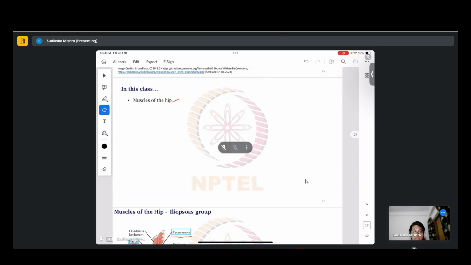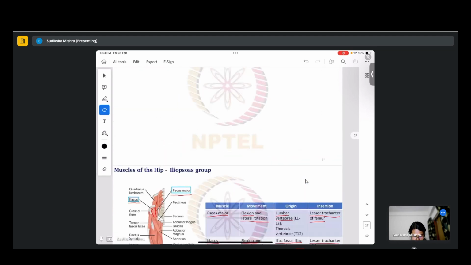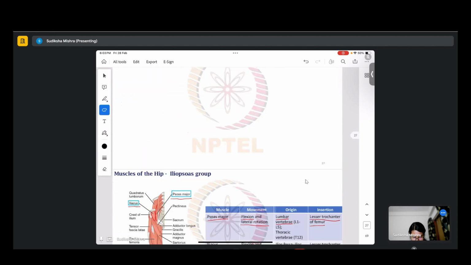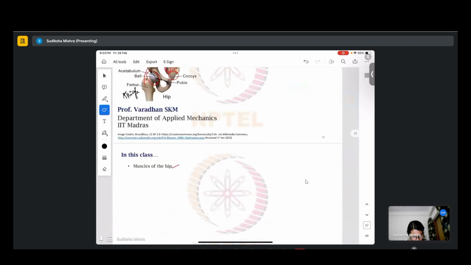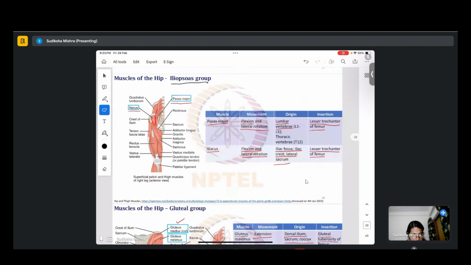Now we'll discuss the muscles that are present in the hip, which are majorly grouped into multiple groups. The first group is the iliopsoas group, which, as the name suggests, consists of the psoas major, which forms the psoas part of the name, and the iliacus muscle, which forms the ilio part of the name.